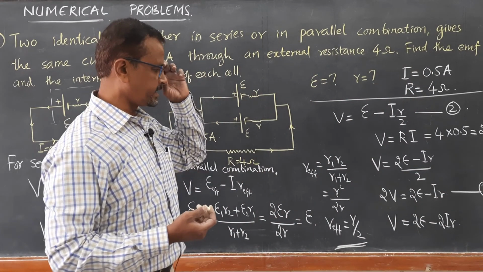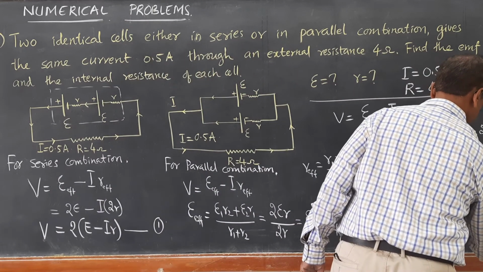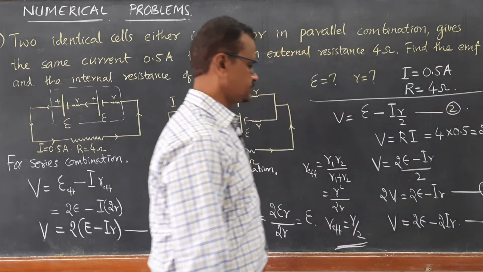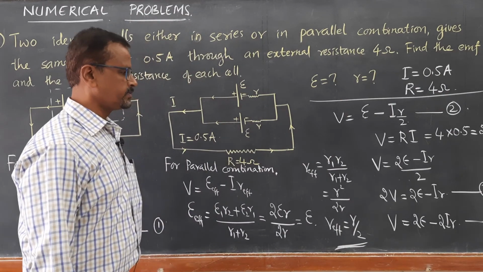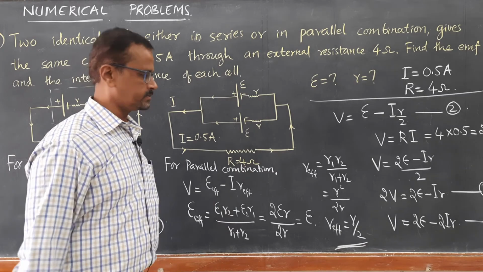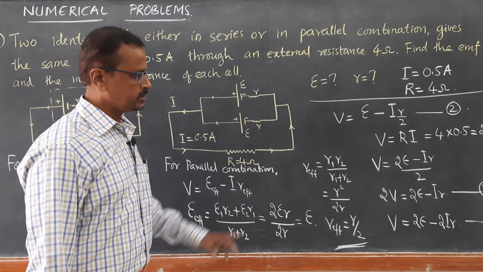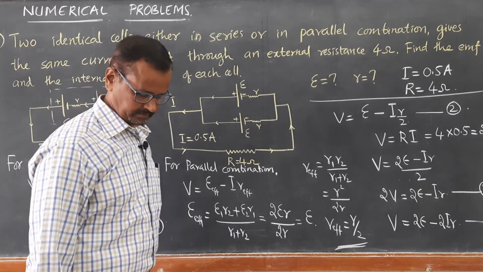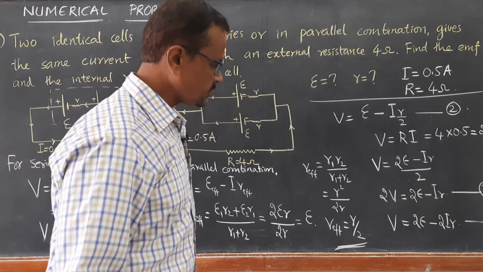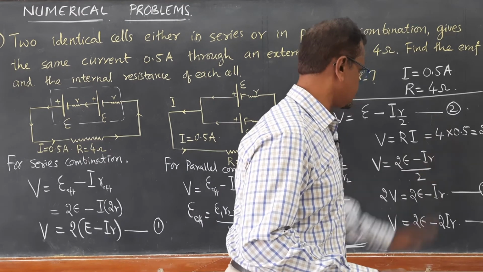Subtracting equation 1 from equation 2, we get the equation for R and I, right?